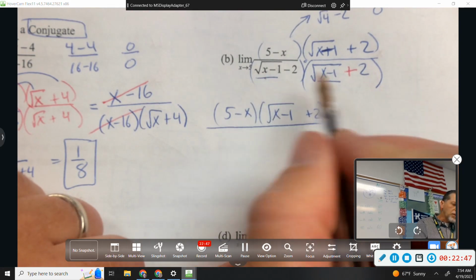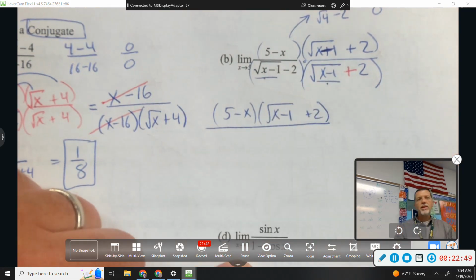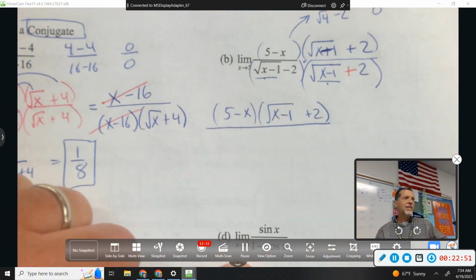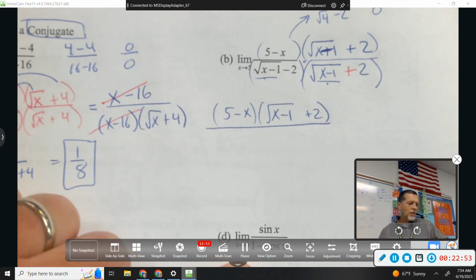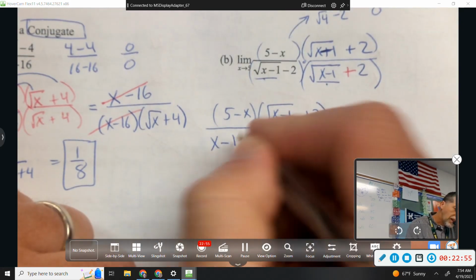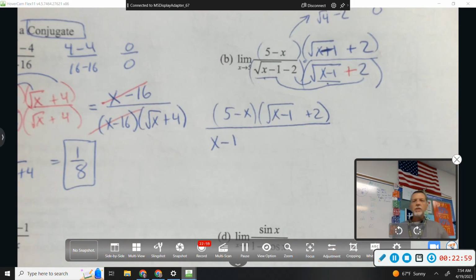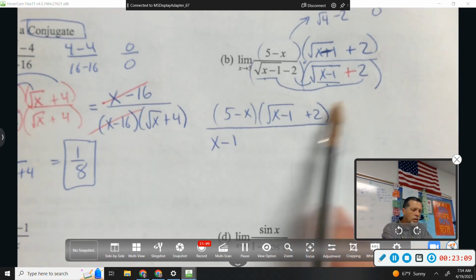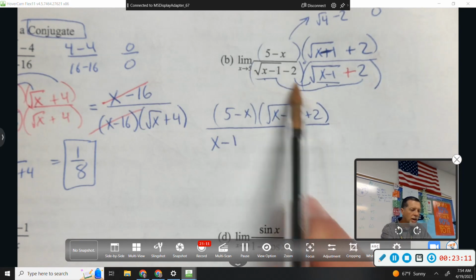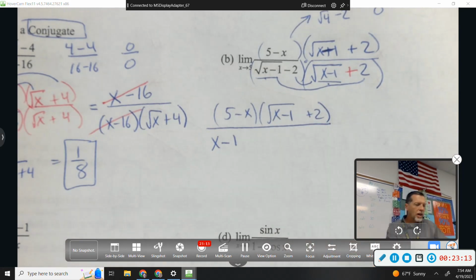Square root x minus 1 times square root x minus 1 is x minus 1. The O and the I would normally look terrible for foiling purposes, but the O and the I of FOIL always cancel out with conjugates. Plus 2 root x minus 1 minus 2 root x minus 1 goes away.